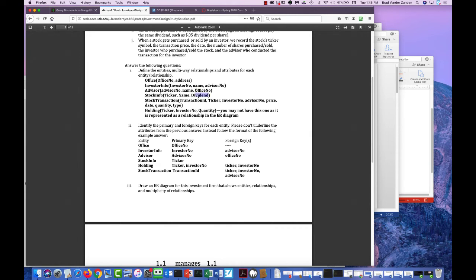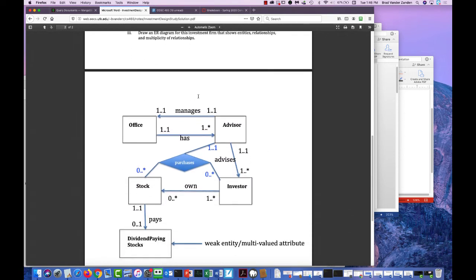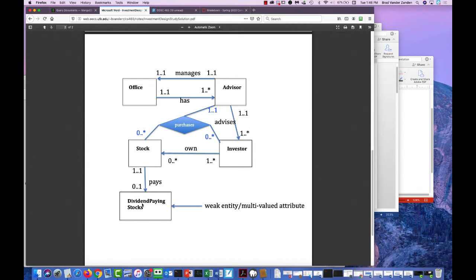You could decide to make that optional, meaning it could be null. Or you could say that you have a subtype called dividend paying stocks, and the attribute would be dividend down here, and then you would remove the dividend field from stock. So stock would be the supertype. Dividend paying stock would be the subtype. And dividend would be the one attribute in the subtype.